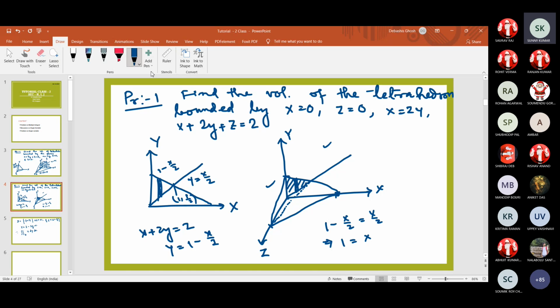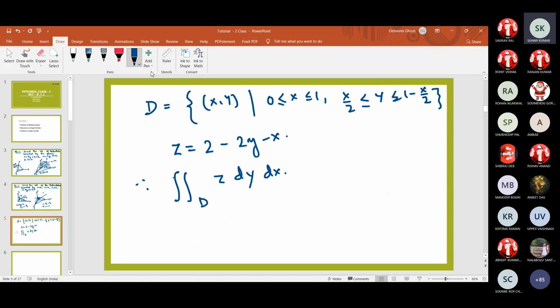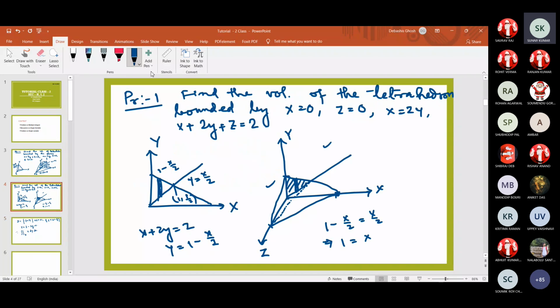So to find the volume, we calculate the double integration of z dy dx. To compute this, z can be found in terms of x and y, that is z equals 2 − 2y − x. Now we need the base on which we take the volume integration.